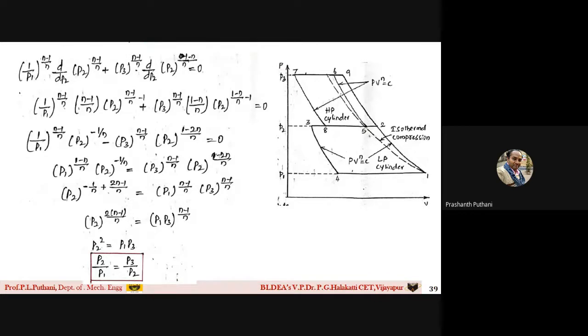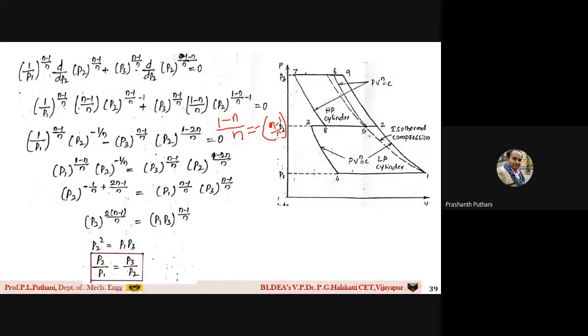So what is the simplification, students? You can see here, this is common, it gets cancelled. Sorry, this is not common. One minute. What I can do is, I can reverse this one, that is, I can write (1 minus n)/n as equal to minus of (n minus 1)/n.